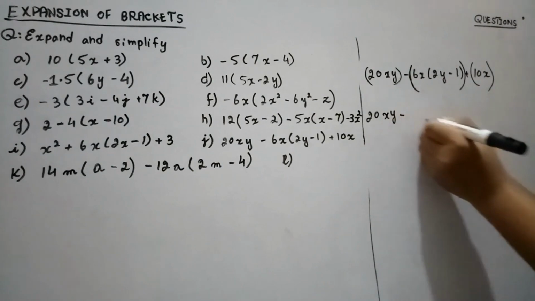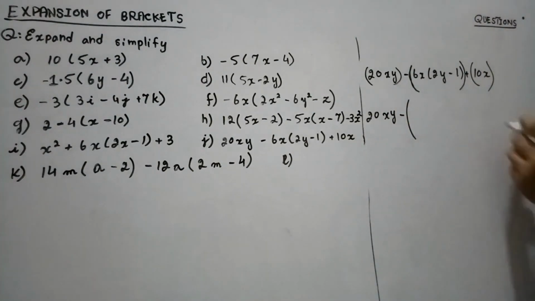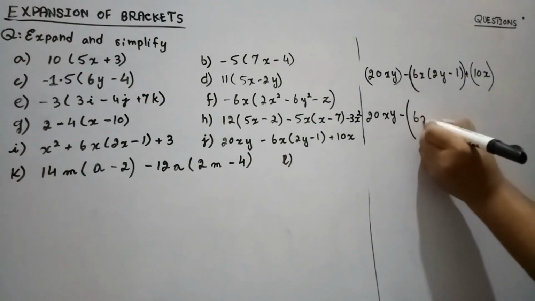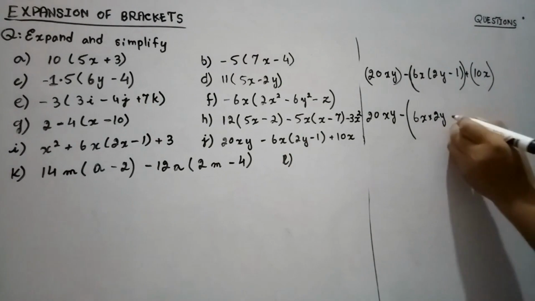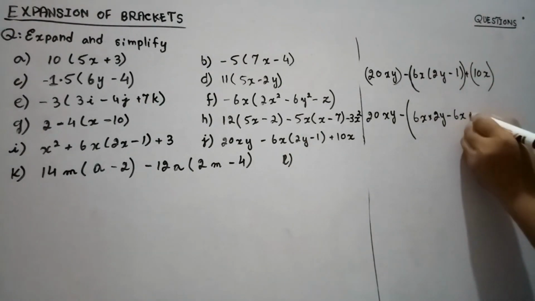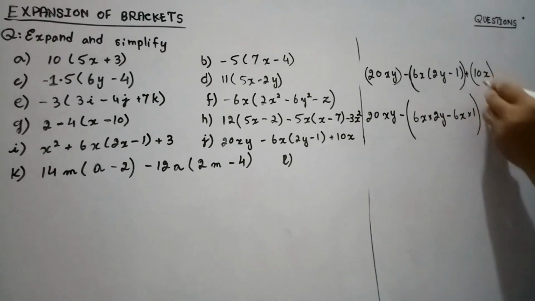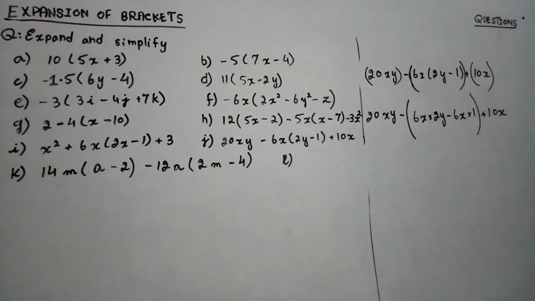Now if I write this negative sign as it is, this big bracket, this 6x is going to multiply by 2y, and this negative sign as it is, and this 6x again is going to multiply by 1, and this bracket goes, and here we have a positive of 10x. And why I'm not writing brackets here? Because here we have only one term. We can write the brackets, but we can remove the brackets. Clear?